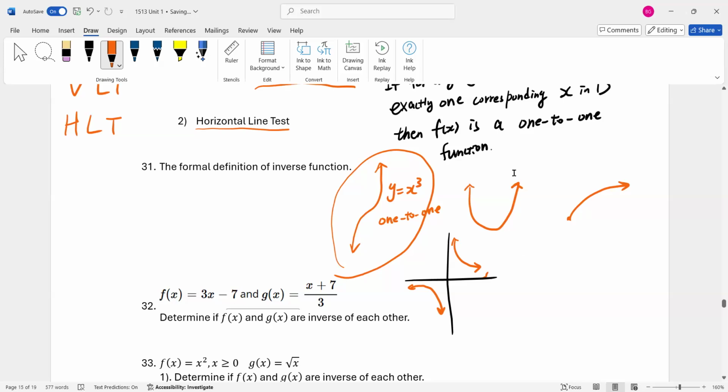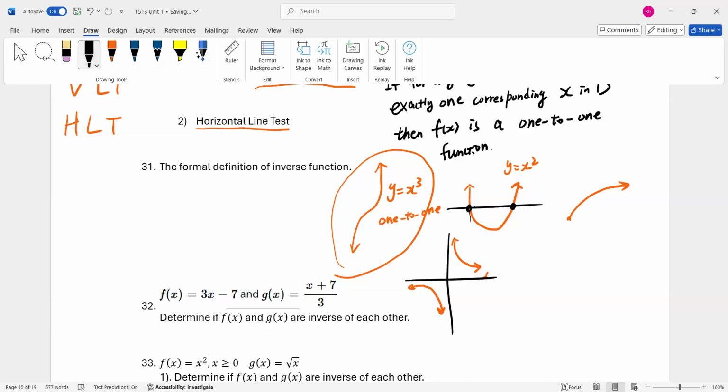Now let's look at the square function, y equals x squared. It definitely passes the vertical line test. It is a function. However, it does not pass the horizontal line test. Those two, this wife has 2 different husbands.